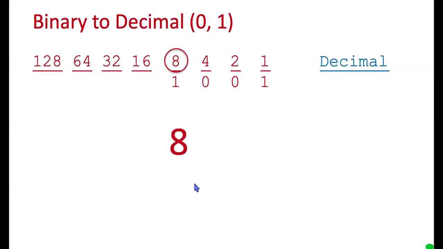Well, if I give you an $8 bill, I can give you 0 or 1 of it. I'm not giving you any $4 bills, no $2 bills. I'll give you one $1 bill. I'm giving you 8 plus 1, which is 9. It's that easy. That's how you convert from binary to decimal. Just add up wherever you have a 1, add up what that column represents, what position it's in, and that gives you the decimal number.